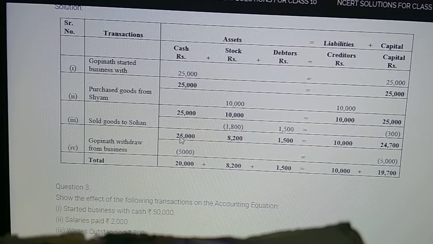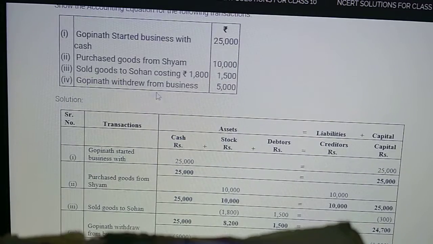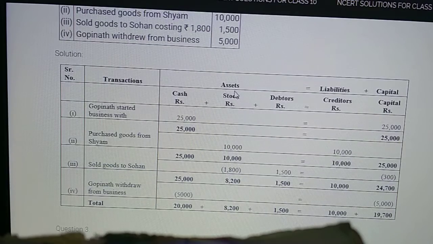Cash is 25,000, stock 10,000 minus 1,800 becomes 8,200, and the debtors you have is 1,500. Balancing this, 10,000 and capital 24,700.